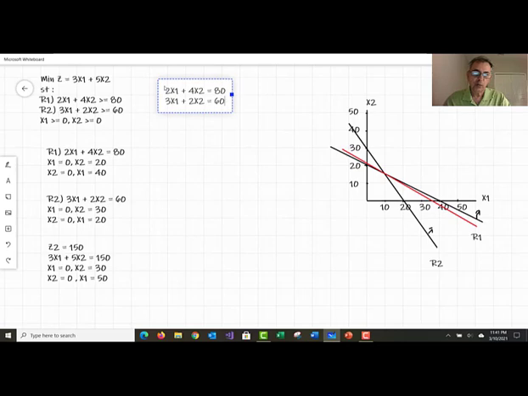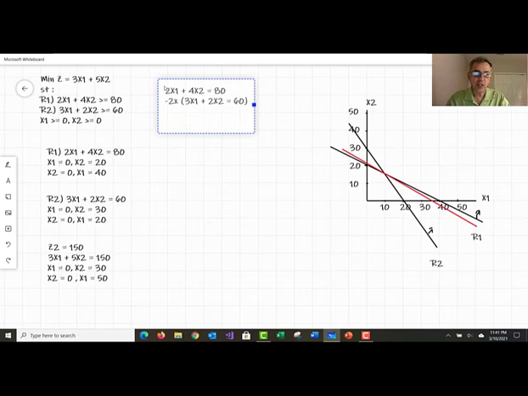And I want to solve these two simultaneously. One way to do that would be if I take my second equation and multiply it with a -2 and add it to the top equation. Notice I'm eliminating the x2 variable. So let's do that.